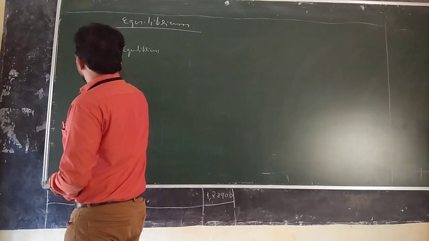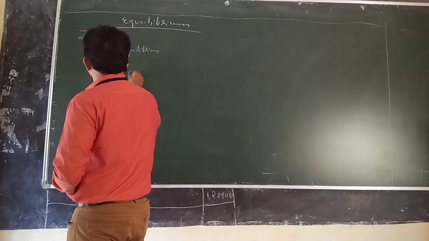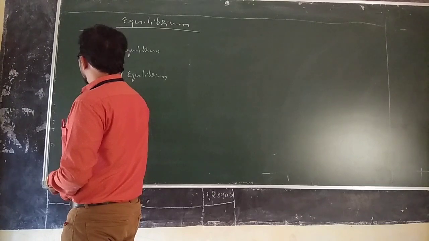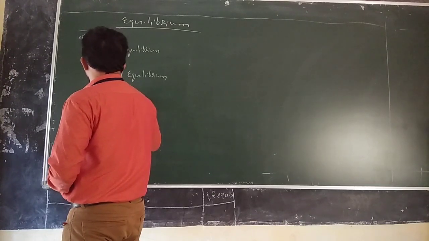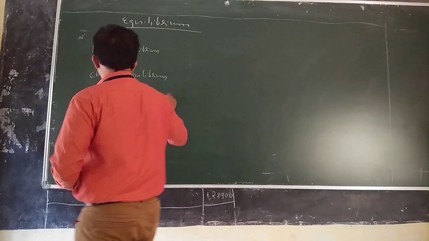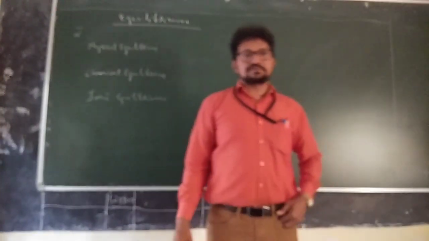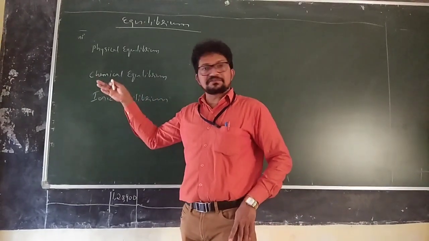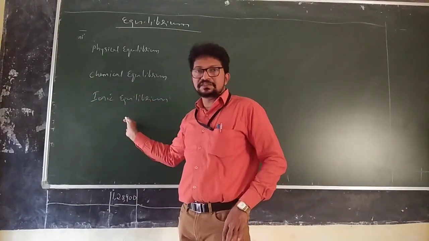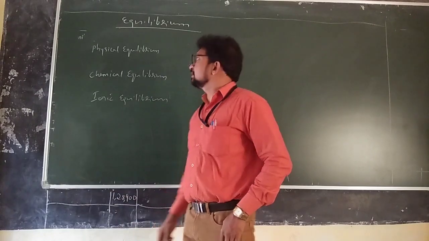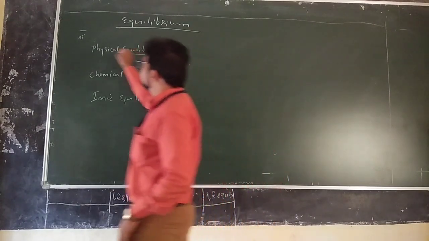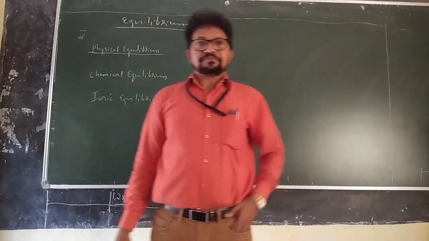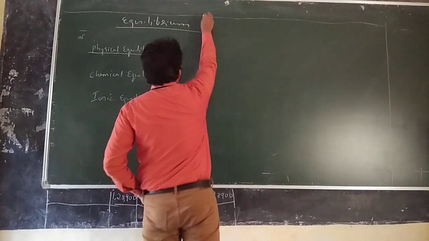Then we shall learn chemical equilibrium, ionic equilibrium, and different types of ionic equilibrium also we have to learn. The major part of equilibrium is chemical equilibrium and ionic equilibrium, and a little bit just to know physical equilibrium. Okay, so let us try to understand what is equilibrium.